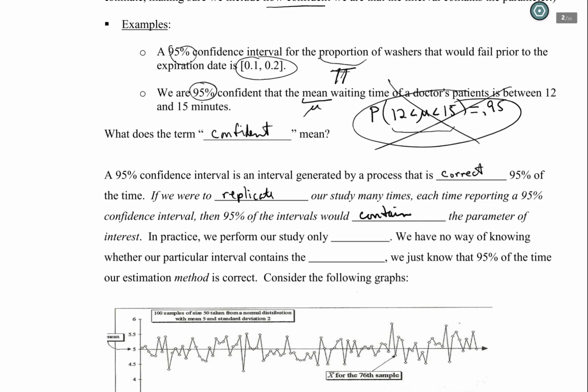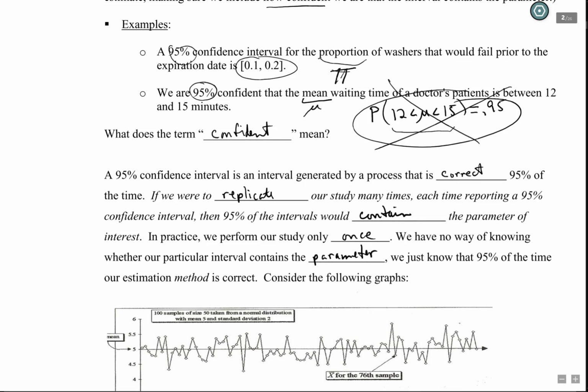In practice we perform our study only once. We have no way of knowing whether our particular interval contains the parameter. If we did know, then we might know our parameter, which is not a common place to be. We just know that 95% of the time our estimation method is correct.